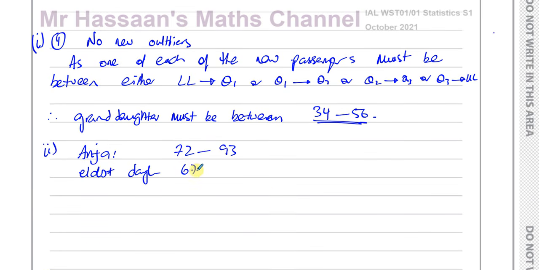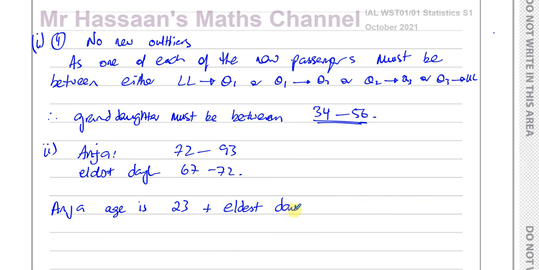So Anja is 23 years older than her daughter. Anja's age is 23 plus her eldest daughter's age.